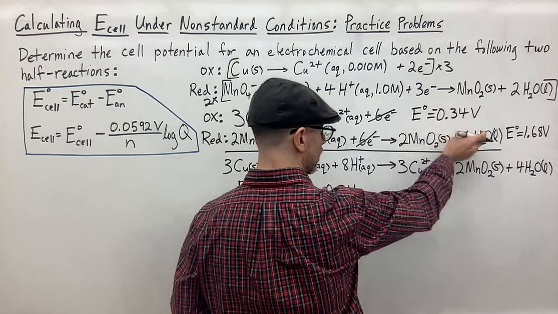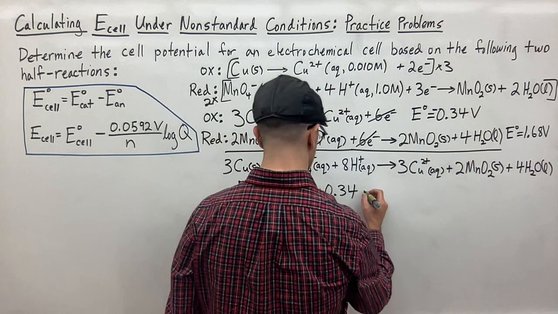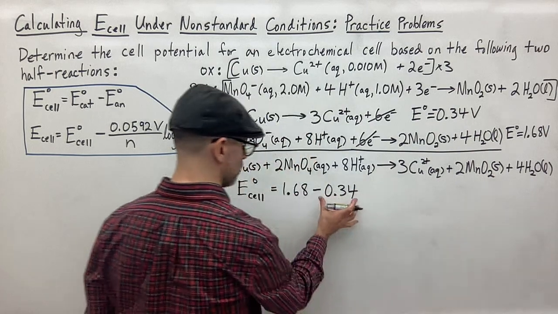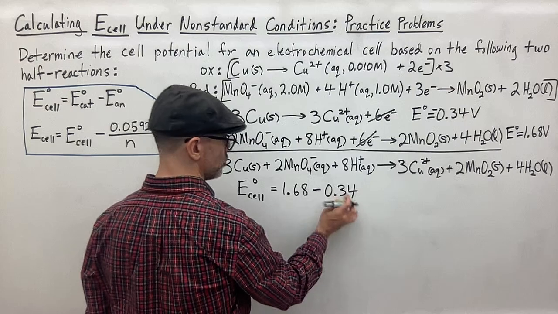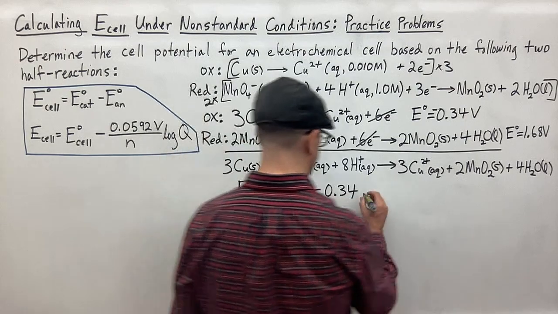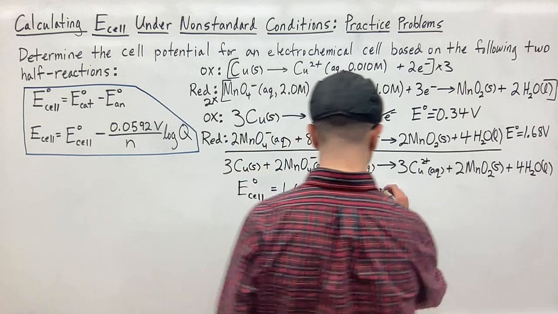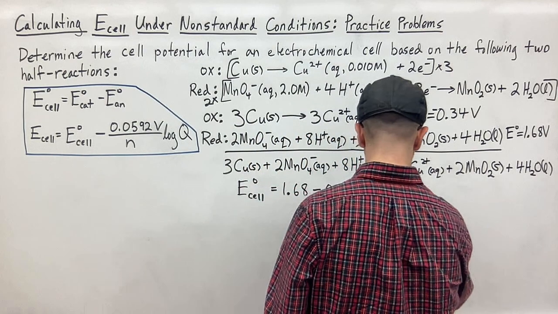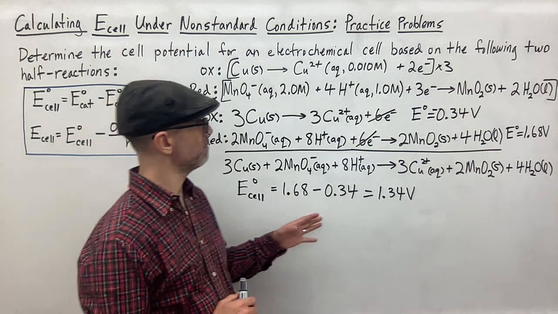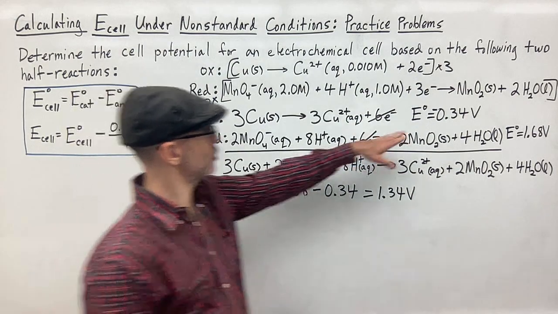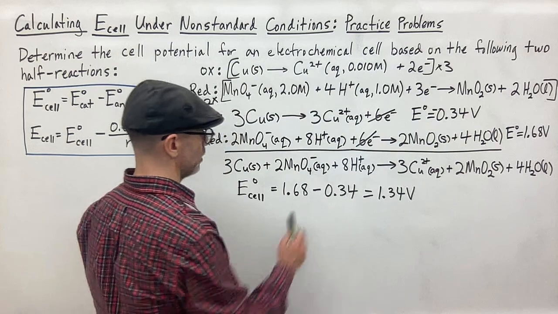So we're adding the negative with the positive, and we add these together, or another way to put it is we're subtracting this number from this number. And so what we end up getting is 1.34 volts, right? So that's because we flipped this one. We got the negative, and that's where that comes from.